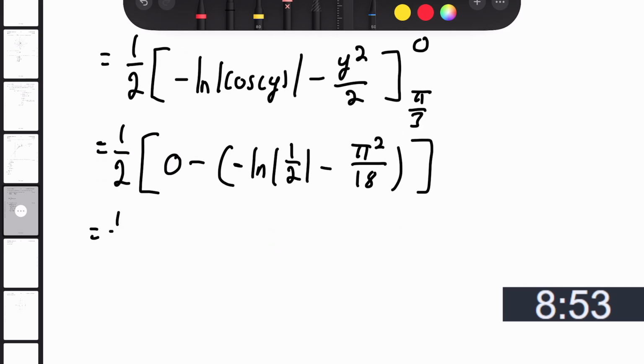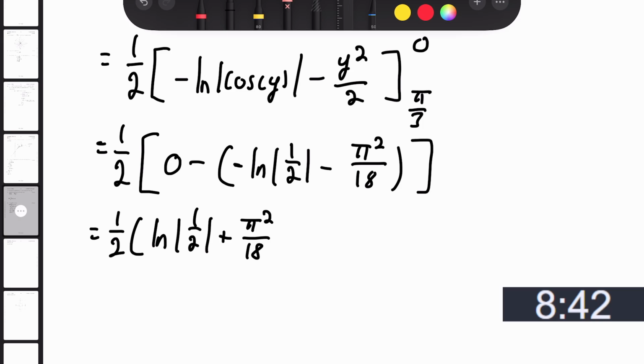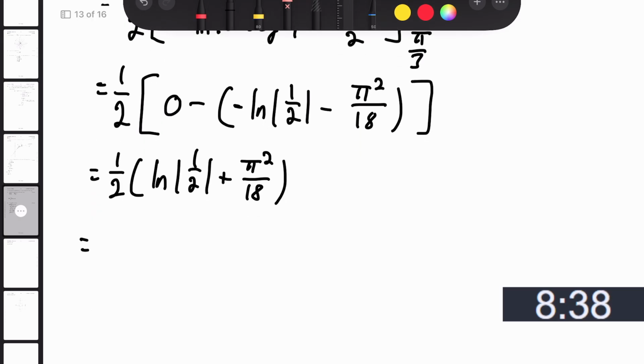This is going to be half of ln of 1 on 2, plus, sorry, pi squared on 18. So that becomes negative ln, because this is going to become negative ln of 2.